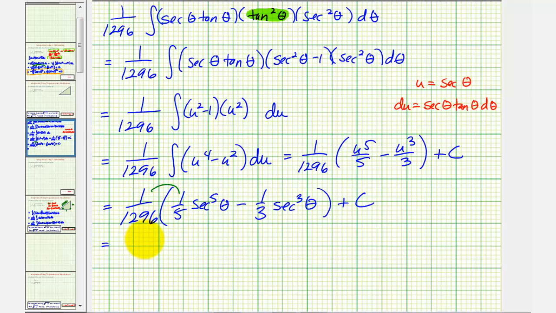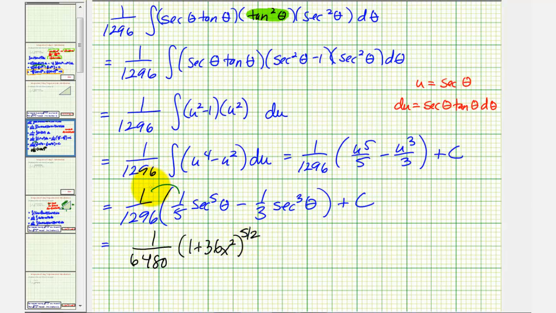This would give us 1 over 6,480, and again secant theta is equal to the square root of 1 plus 36x squared, which we can write as the quantity 1 plus 36x squared to the 1/2, but that's raised to the fifth. 1/2 times 5 would be 5/2.